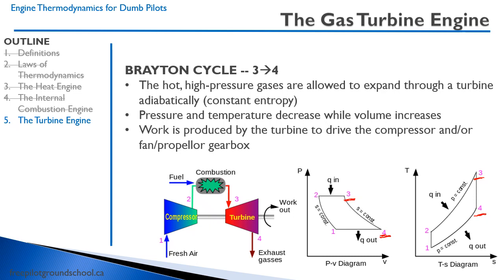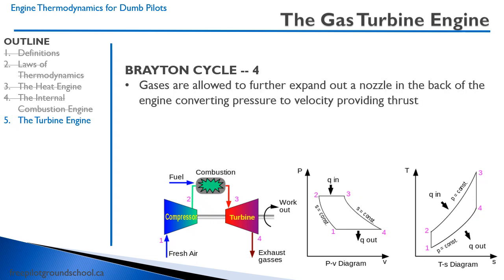And so work is produced by the turbine to drive the compressor or the gearbox, right? It's going from 3 to 4, going through the turbine. The hot gases expand, increase in volume, and decrease in temperature. And then they are allowed to further expand out the back. Okay. And they expand out the back and they convert pressure to velocity, providing thrust.